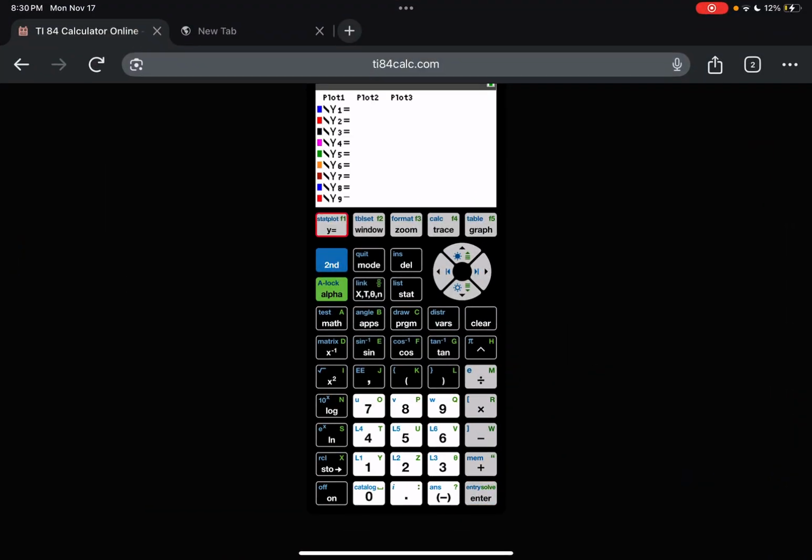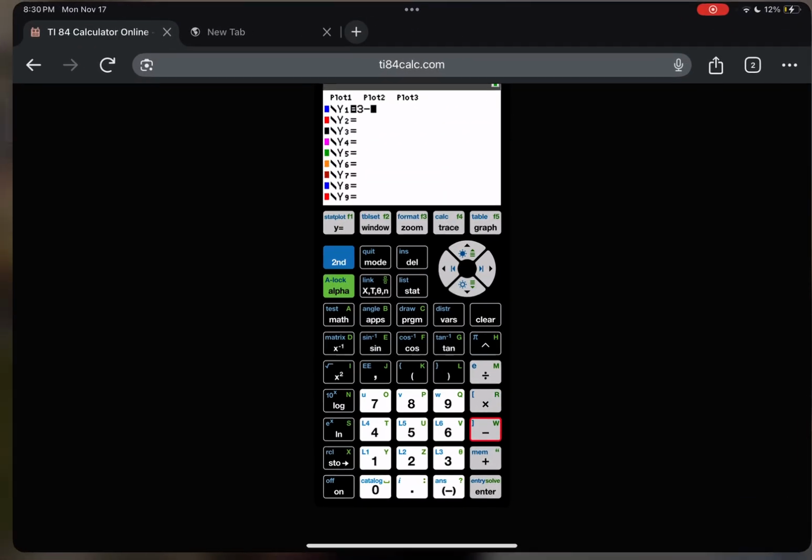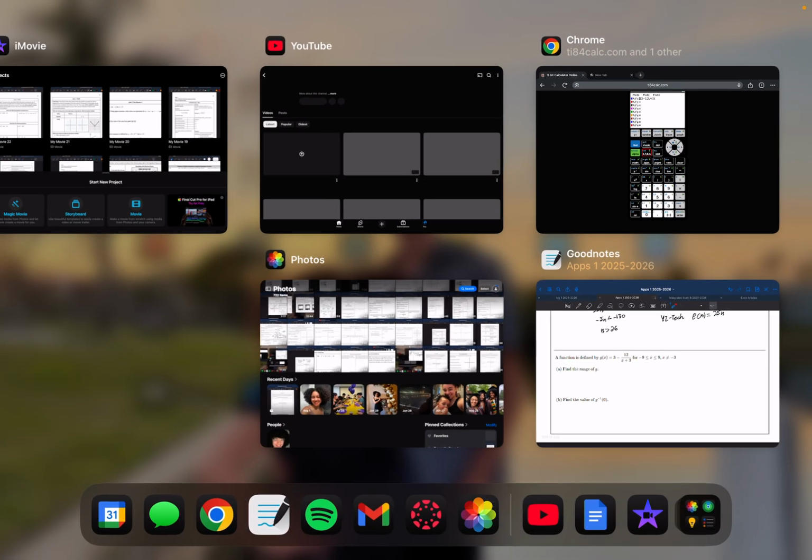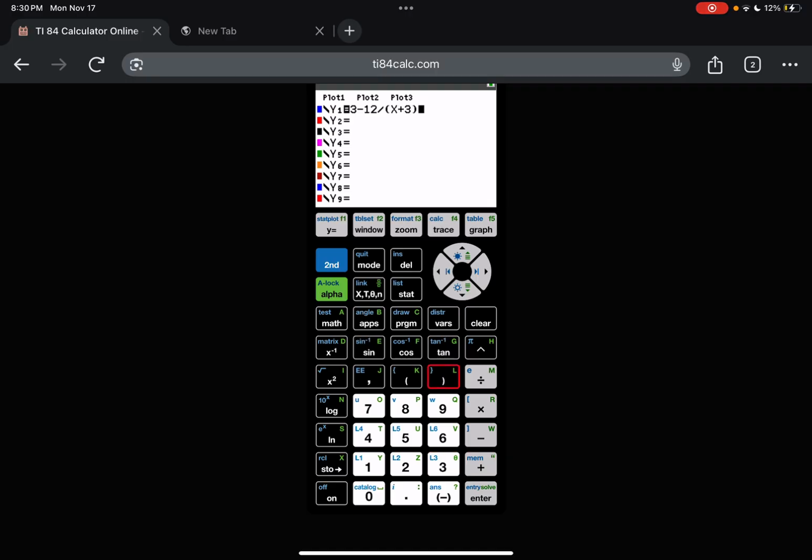So we go 3 minus 12 divided by x plus 3, and we hit graph. We only want to look at the window -9 to 9, because those are where x values are restricted.